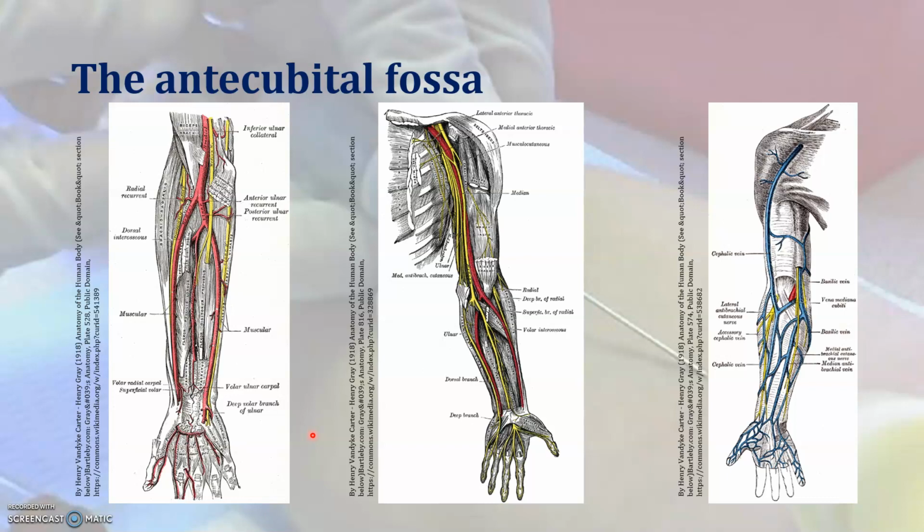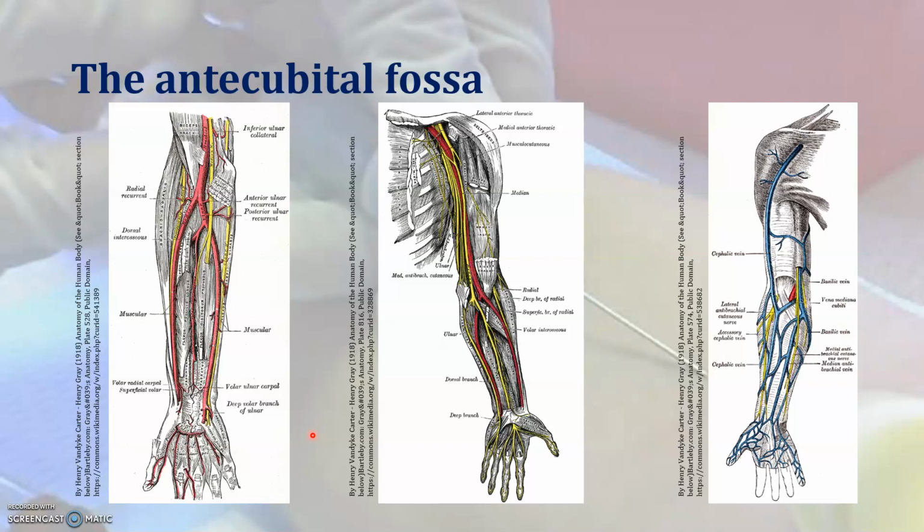So the cephalic vein drains the radial border of the forearm and then into the arm, and the basilic vein drains the medial border of the forearm and then into the arm medially. And there is a fairly consistent vein that joins these two, the medial cubital vein.